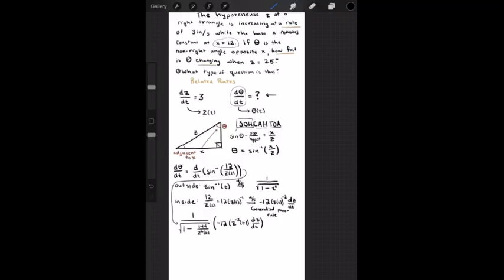So we have our d theta dt, but inside of it we have both z and dz dt. And we want to just have a number for d theta dt. That would be ideal. So we know that dz dt equals 3.